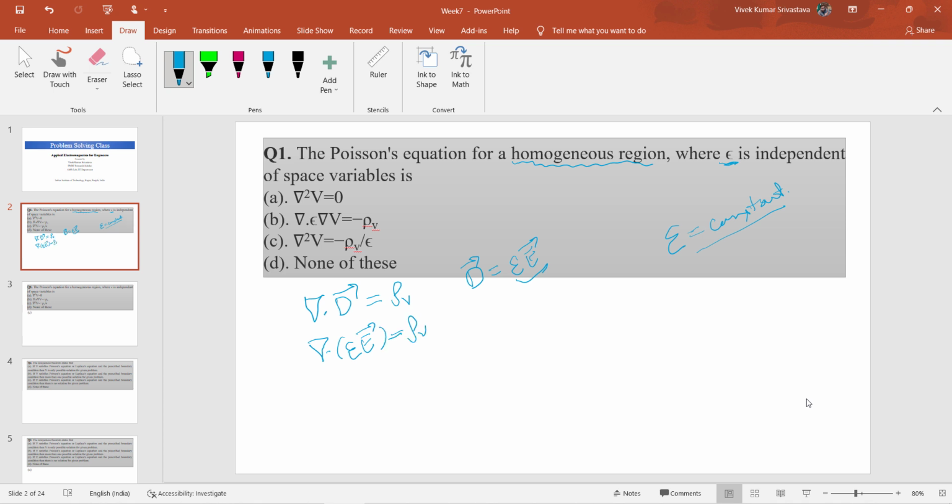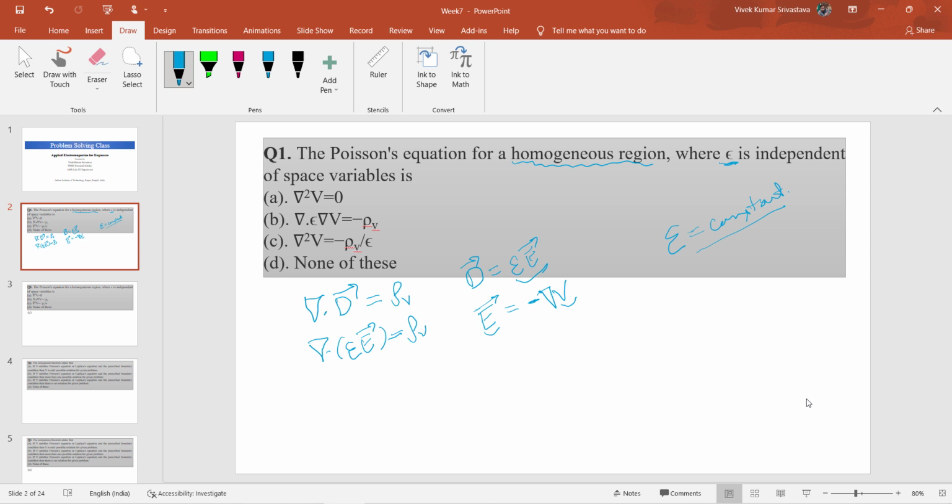We also know one constitutive relationship, that is E is equal to minus del V. Basically this equation gives you the relationship between the electric field and the electric potential. Oh, sorry, electric potential is not a vector.